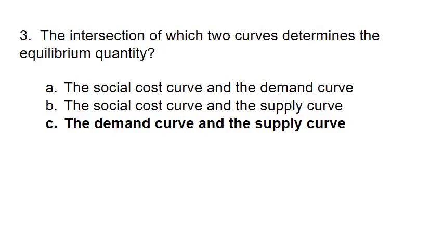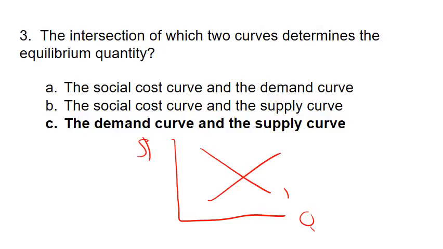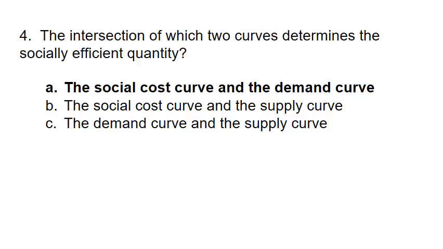Which two curves determine equilibrium quantity? Well, that's our old friend supply and demand. Demand, supply, their intersection determines the equilibrium quantity. We determine the socially efficient quantity.